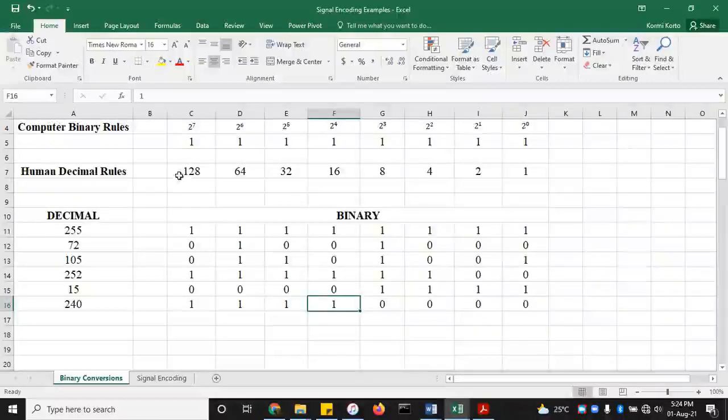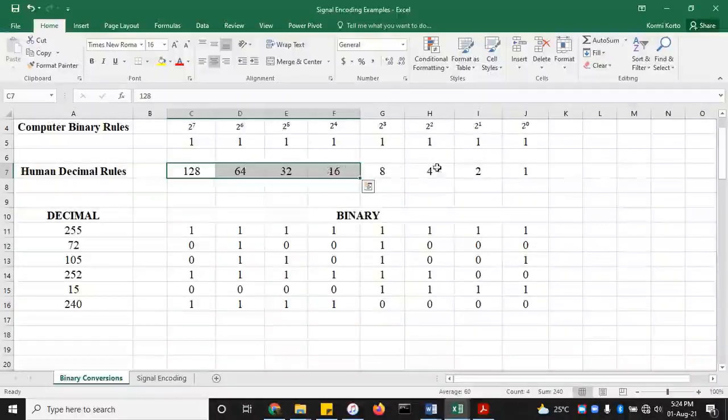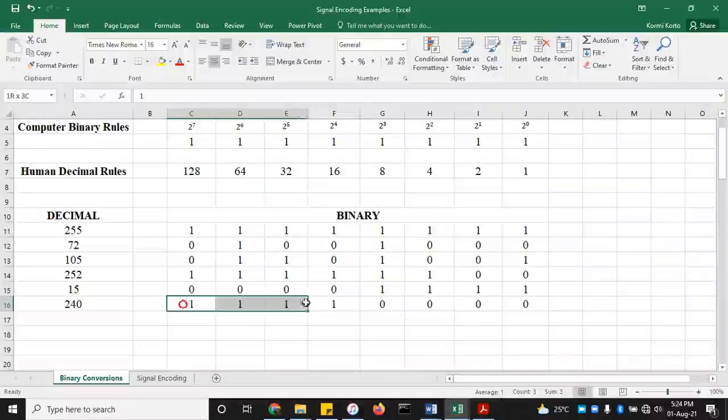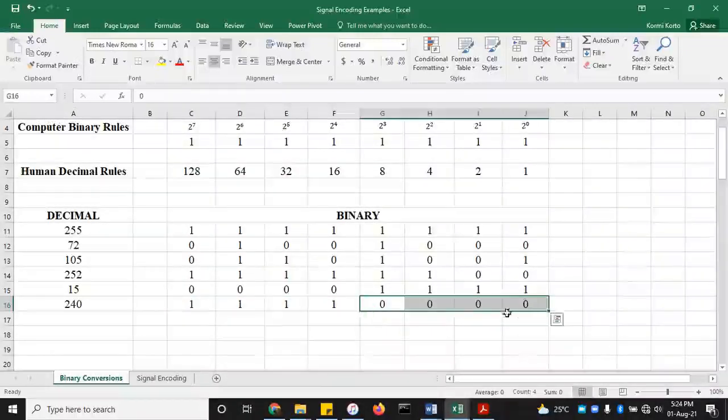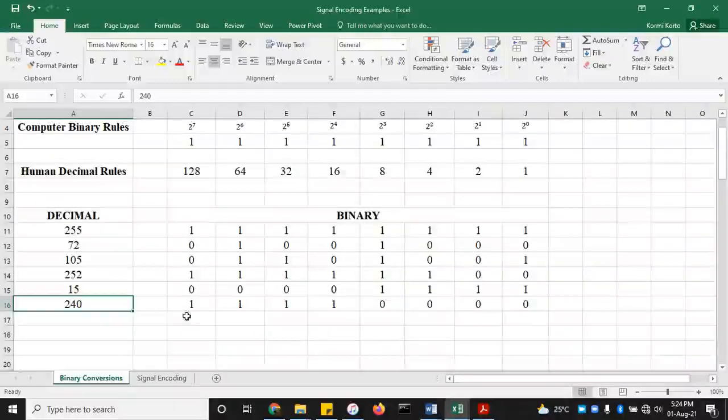So the first 4 bits need to be in an on state, and then the last 4 need to be in an off state to get you the 240.